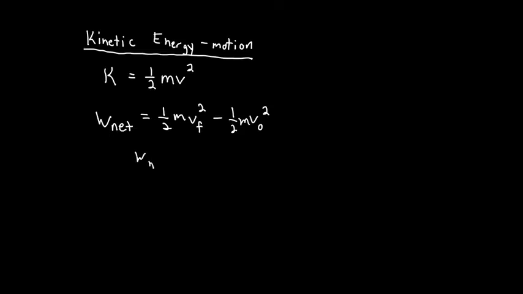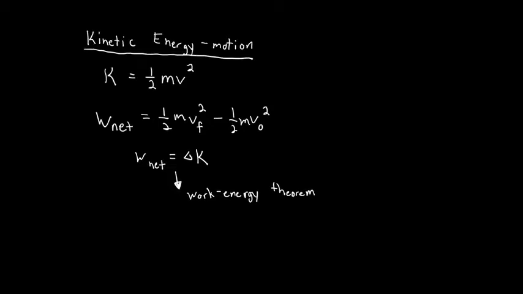So net work is equal to change in K. And this equation right here is what we call the work energy theorem. It is a fundamental result that you should learn in any kind of introductory physics class.